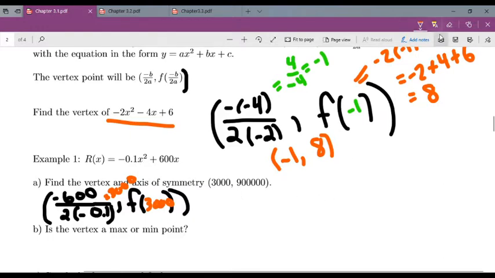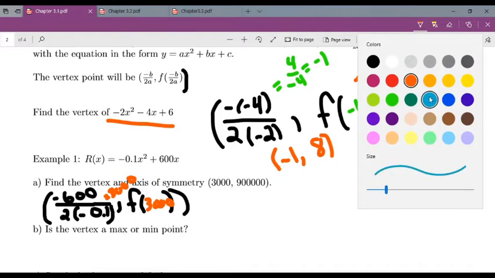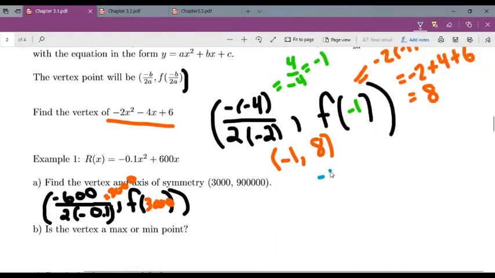So if I wanted to find this over on the side, kind of run out of space there, but you kind of followed what I did here.